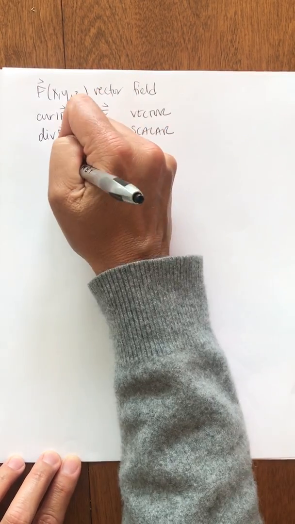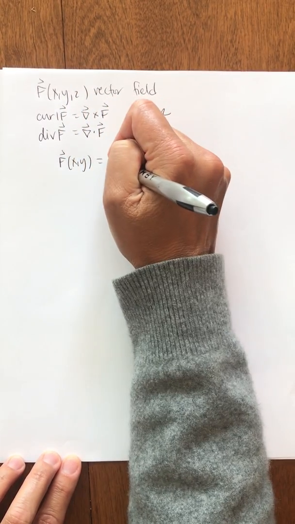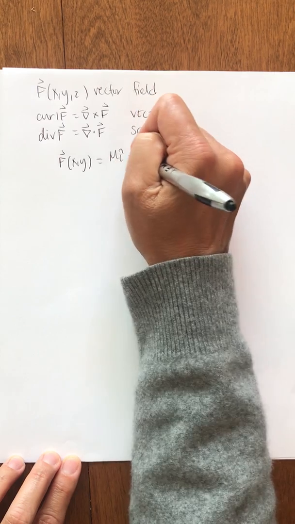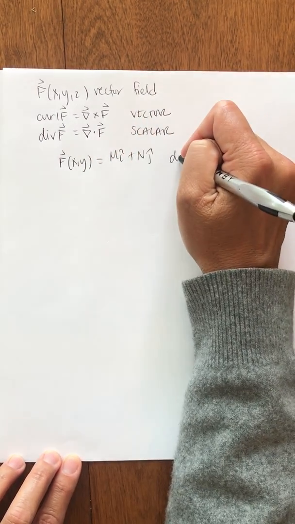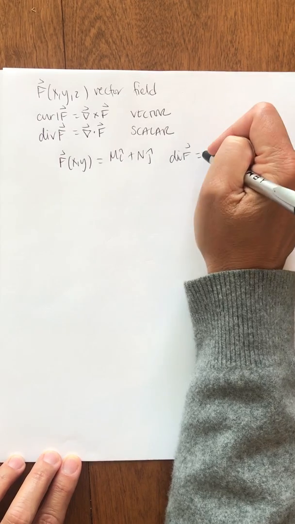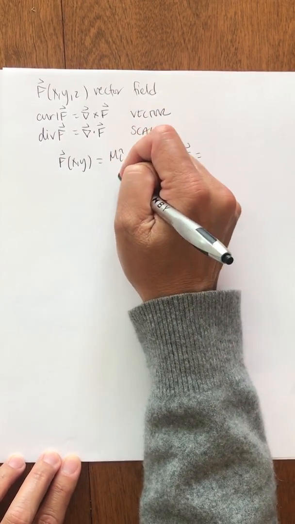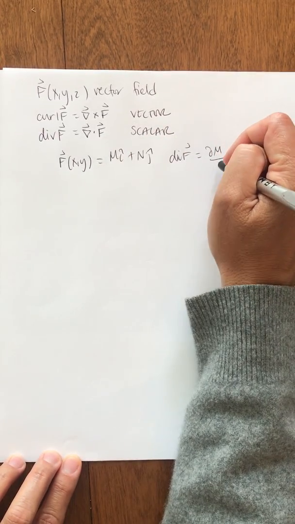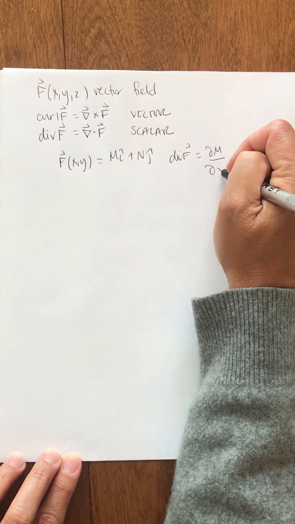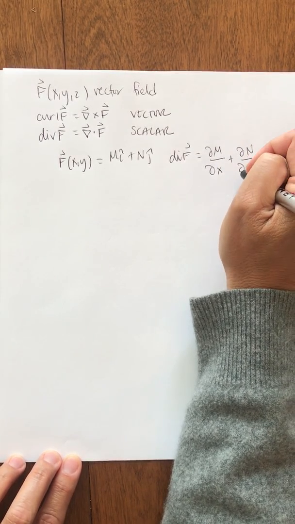So if I have a two-dimensional vector field, m i hat plus n j hat, then div F is just going to be the partial derivative. If I dot the partial derivative with respect to x with m, that gives me the partial of m with respect to x plus the partial of n with respect to y.